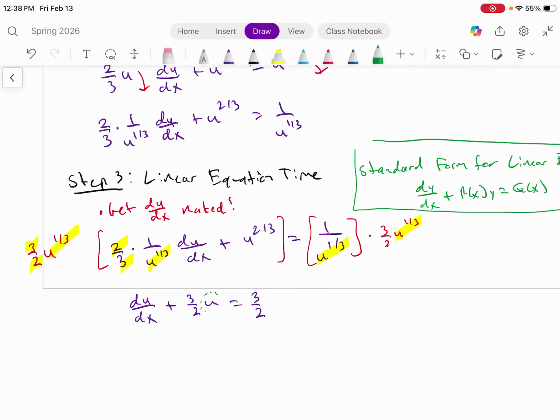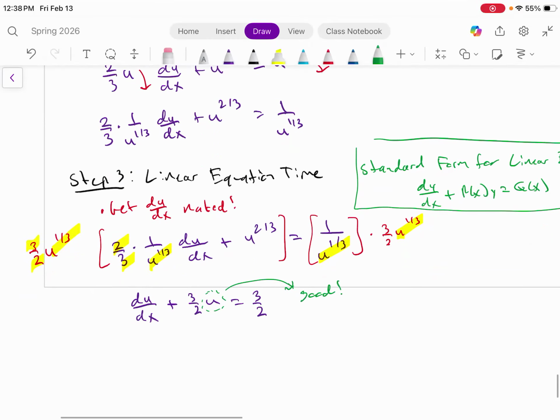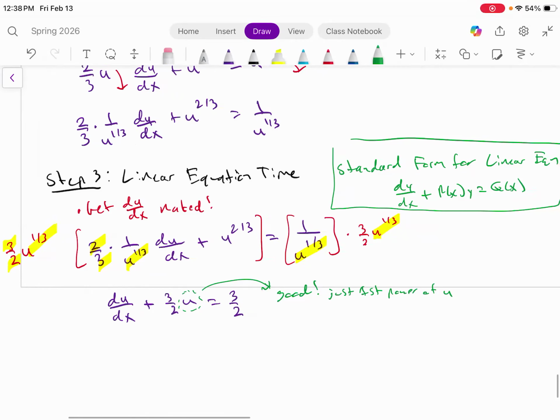So remember, we just have a first power of u here, so this is good. That means we're on the right track. Okay, so now we are in standard form for a linear equation.